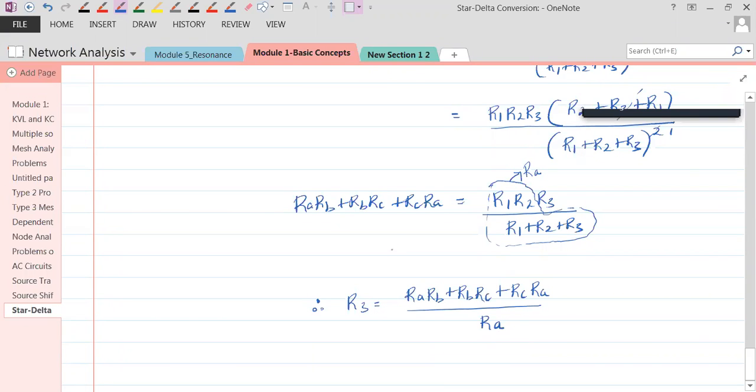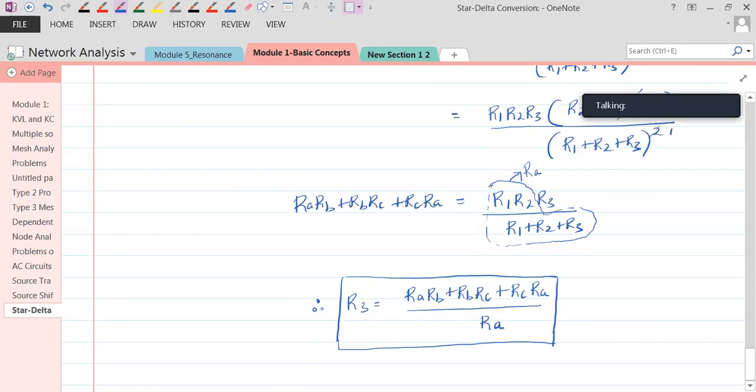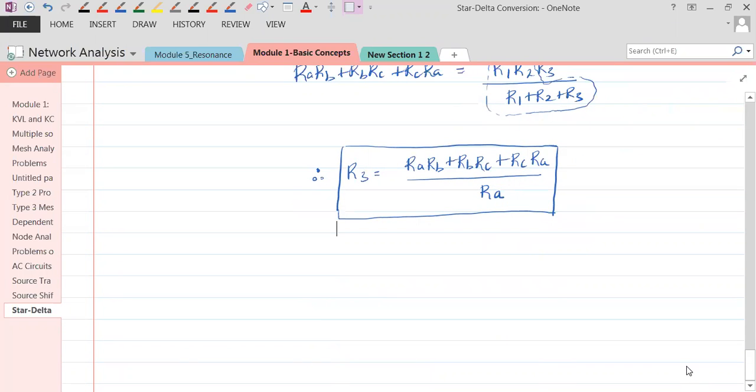Get that point? With the same equation, you can obtain the other two resistors R1 and R2. Similarly, R1 and R2 can be obtained.